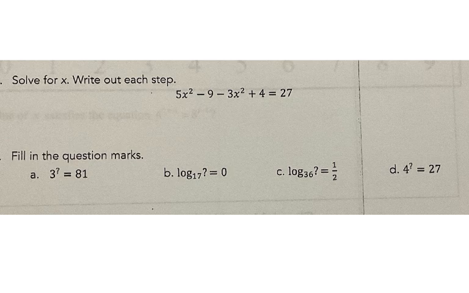Or if I look at number 1, solve for x, write out each step. So if we had to solve problem 1, what's the first thing you would do? I agree. 5x squared minus 3x squared is negative 9 plus 4, negative 5 equals 27. What are you going to do next? I like it.